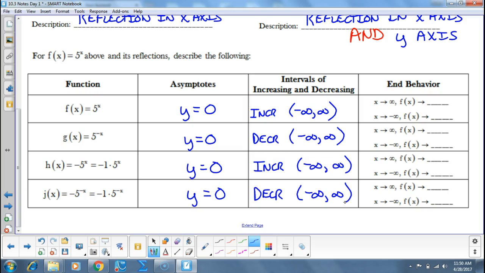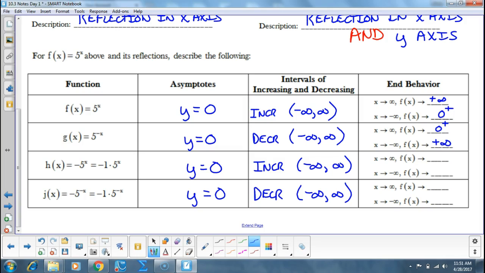End behavior is what's going on the left and the right sides of the graph. On the first one, on the right side of the graph, my function is going to positive infinity, and on the left side, it's going to 0 from above. In number 2, it's going to 0 from above on the right side, and to positive infinity on the left side.